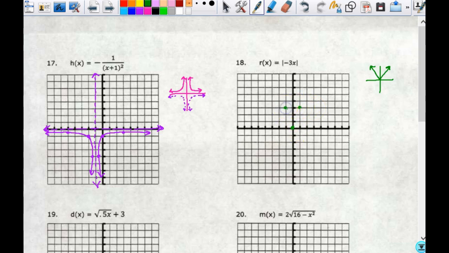Then 6, 6, which I multiply by 1/3, becomes 2. So I'm right here, and here's what this looks like.